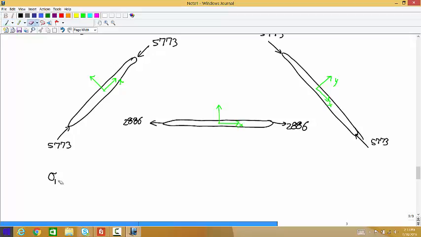And if you think of it like that, then the XX stress for member 1 is negative 5773 divided by the cross-sectional area of 0.0025. What do you get if you divide that?